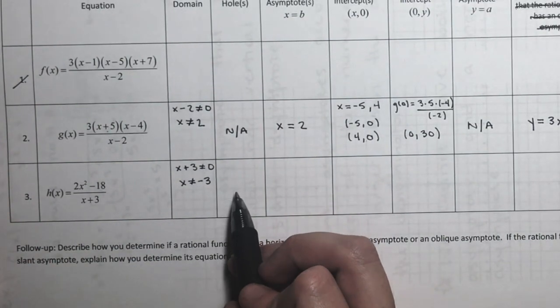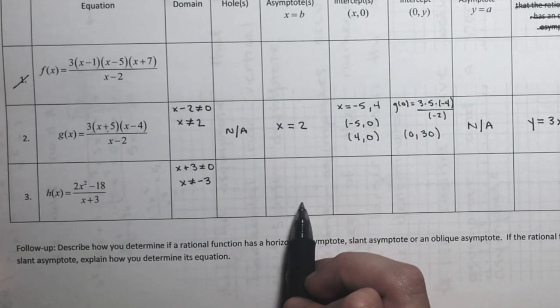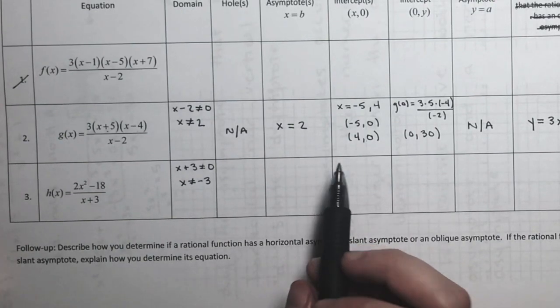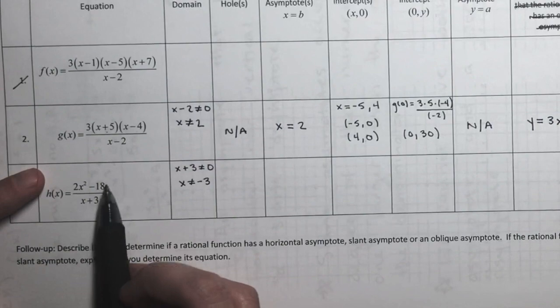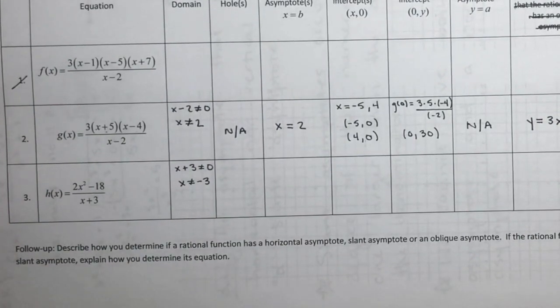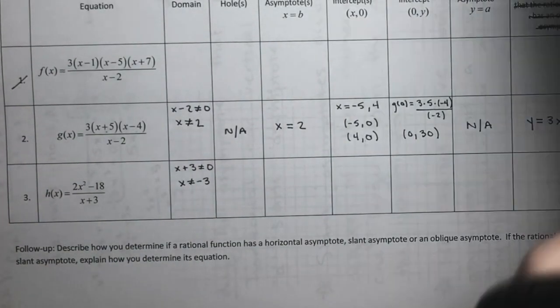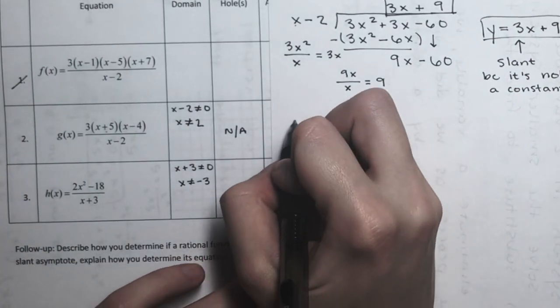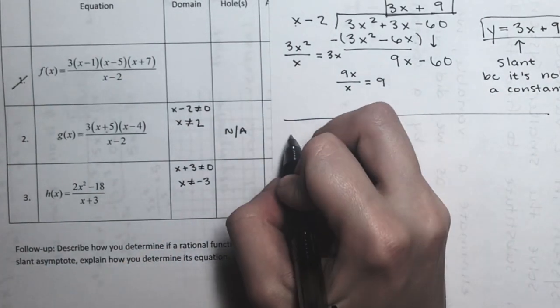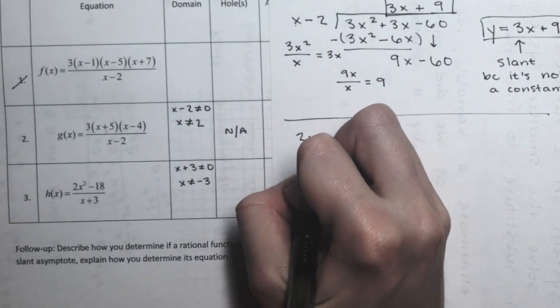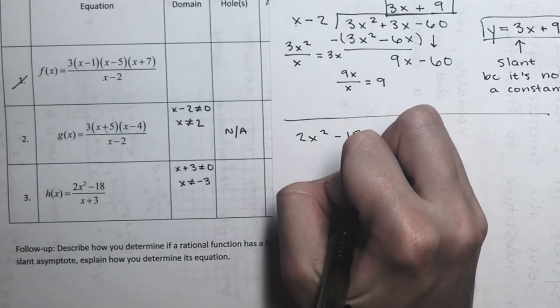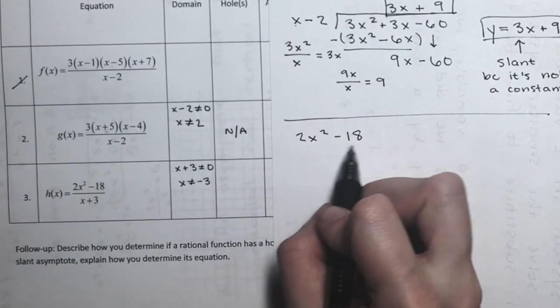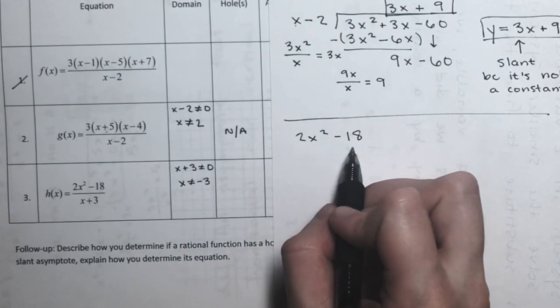Now we need to figure out whether we have a hole or a vertical asymptote here. We can't really tell because we can't see exactly what the factors are of the numerator. So let's factor that numerator really quickly. We want to pull everything that we can out of these two terms.